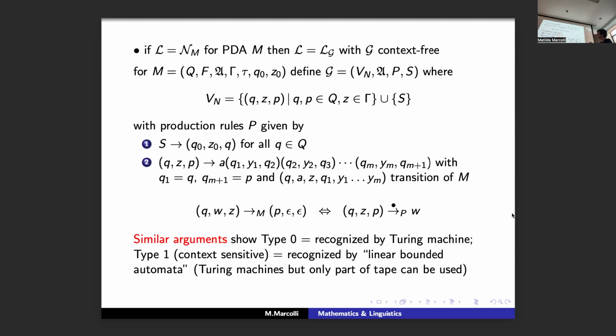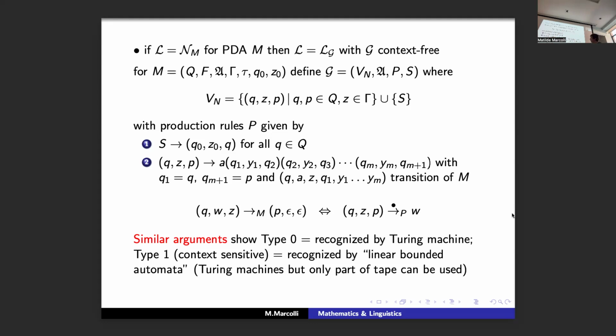So you take as the non-terminals all these possible configurations of the automaton that have two states, so when you specify just the two states and a letter in the stack, that's your non-terminals. And then there is the start symbol that you add to that. The start symbol allows you to initialize the automaton and the stack. One production rule that you include is that all the states are accessible in this form, and these are going to be like intermediate steps of your calculation.